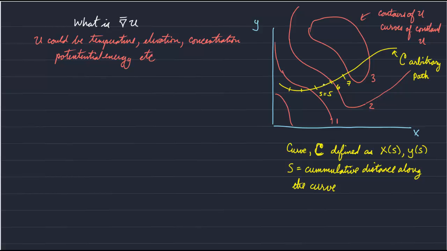But s is the cumulative distance along the curve, and so we can describe C as some mathematical function x describing how x changes with cumulative distance, and another function y describing how y changes with this cumulative distance. Now, let's imagine we want to know what is the rate by which u changes along our curved path.